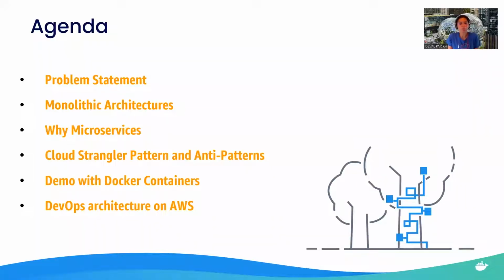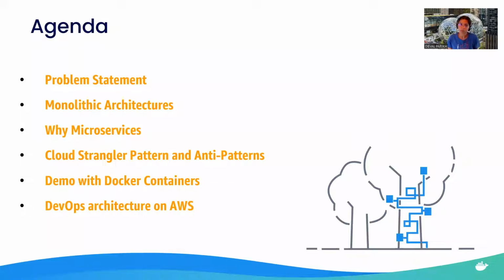Let's take a quick look at what we will be covering today. We'll start with defining the problem statement. We'll talk about the challenges associated with monolithic architectures and make a case for moving towards microservices. We will also talk about a peculiar pattern that is commonly used to move from monolith to microservices, and then discuss some anti-patterns in taking this approach.